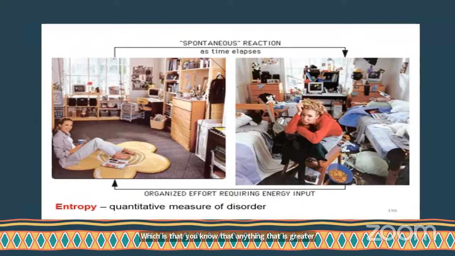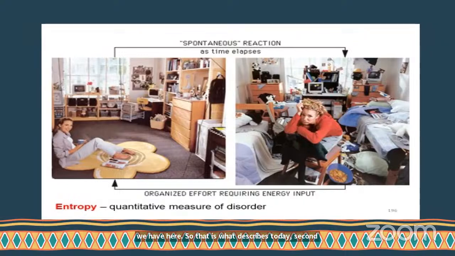So every natural process tends to go toward the state of disorderliness. We have explained that using all of these pictures that we have here. So that is what describes the second law of thermodynamics.